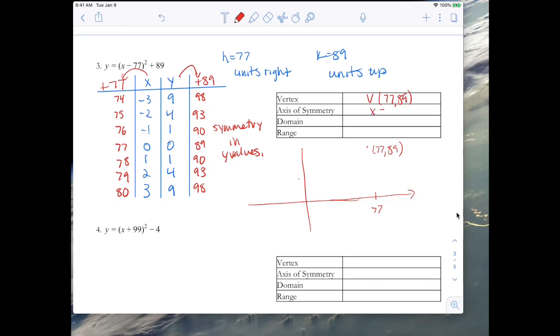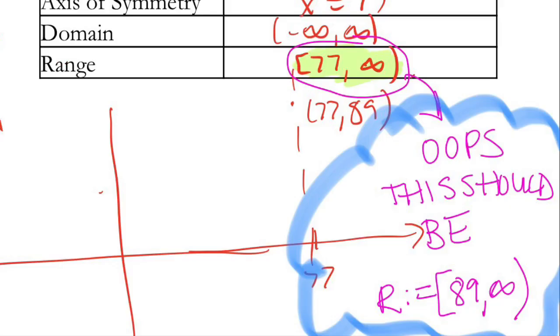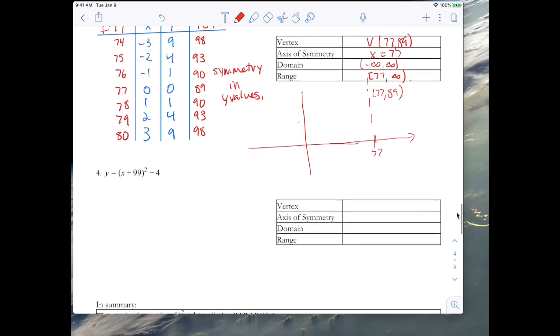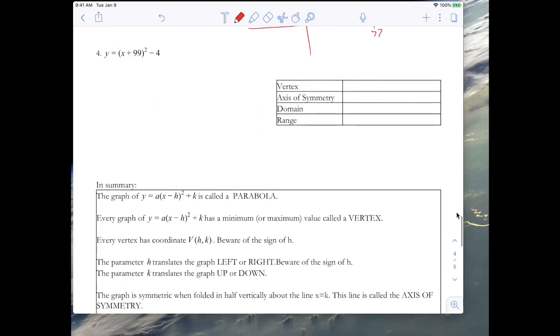The axis of symmetry is going to be x equals 77. The domain is -infinity to infinity. The range is 77 to infinity. And there we go. Again, I'd like you to pause the video and give this one a shot.